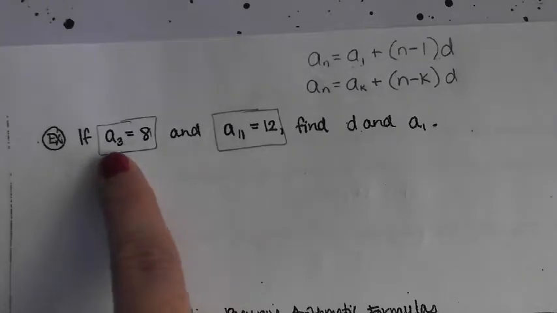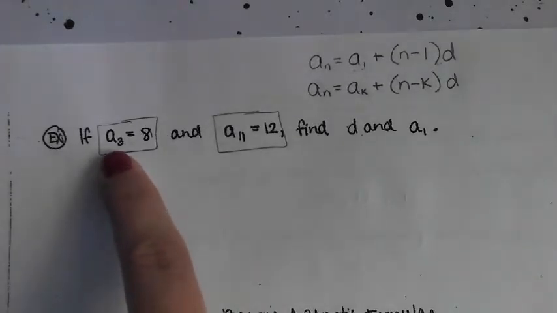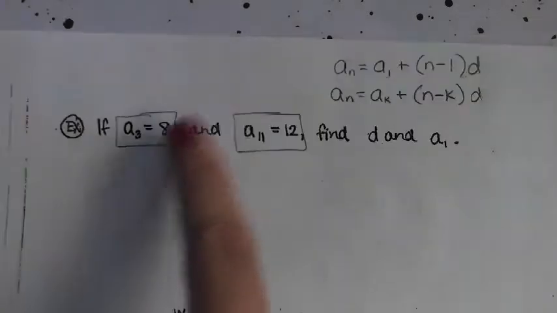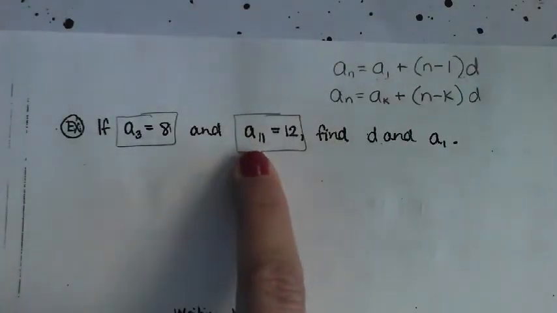Where k can be 3, because you know the third term as opposed to the first, and n can be 11.